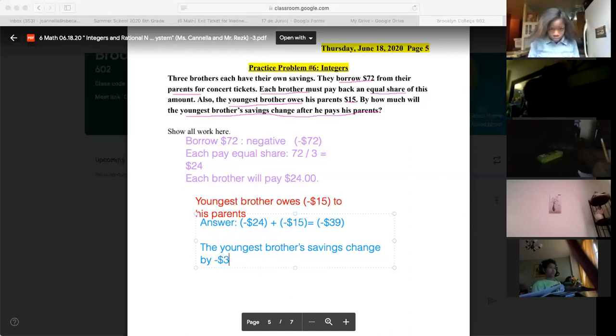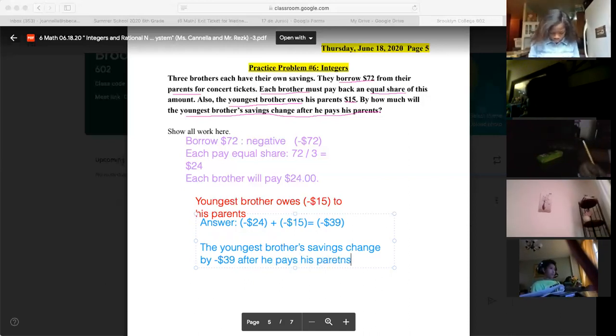Beautifully done. I couldn't have asked for it to be better. Kira and Kamora, you're going to be up next for the exit ticket, so you're on deck.